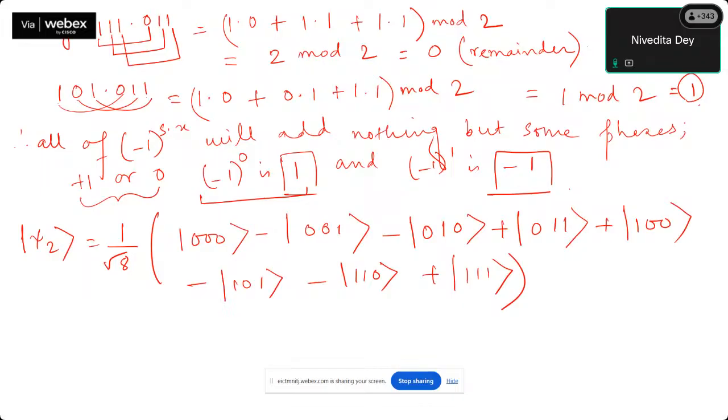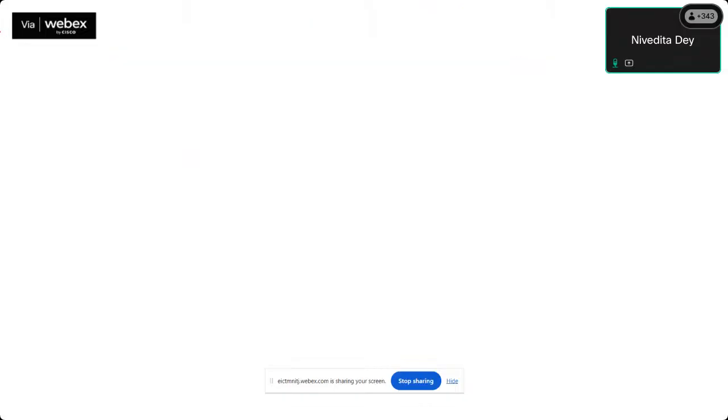So I want to rewrite this expression, and why do we want to rewrite it, you will understand that. So hold on for this one expression.